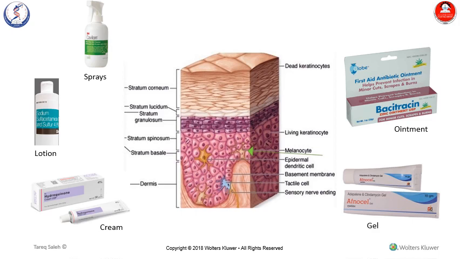Importantly, the therapeutic efficacy of topical agents is dependent on several factors, including the thickness of the stratum corneum, which is the outermost layer of the epidermis. In addition to that, the drug concentration, the permeability, and the frequency of dosing, and other factors such as age and the health of skin all contribute to the therapeutic efficacy of topical agents.